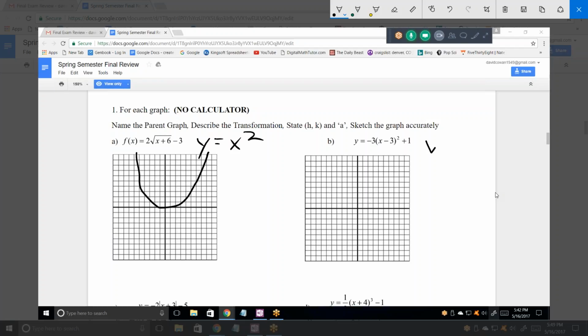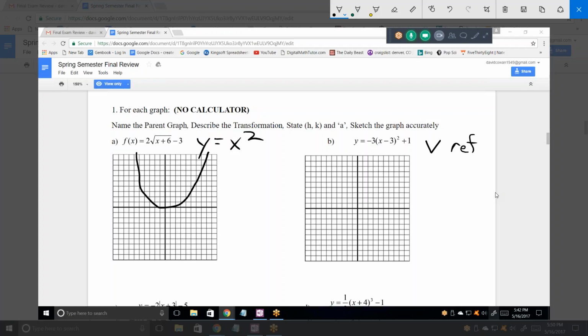Well, let's start from the left. And the reason we want to do that is because all reflections need to be done first. When you have a reflection as one of your transformations, then if you don't do it in the order of that, you'll get the wrong graph at the end. So the first thing we have is a vertical reflection.